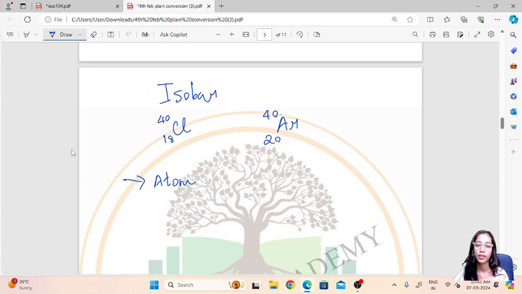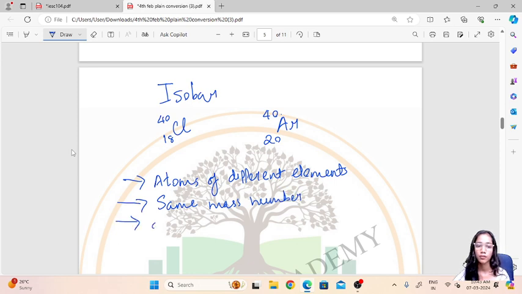They are atoms of different elements, and they have the same mass number but different atomic numbers. Okay, so this is the definition for isobars.